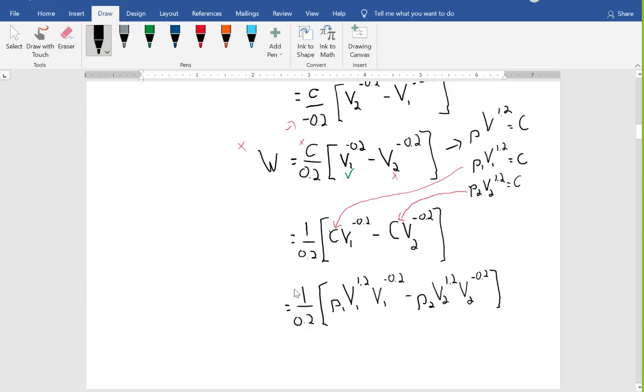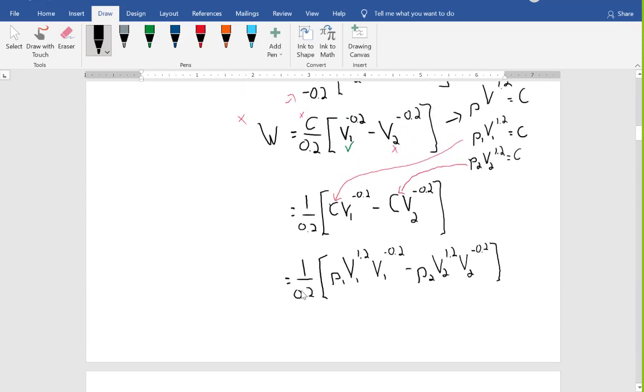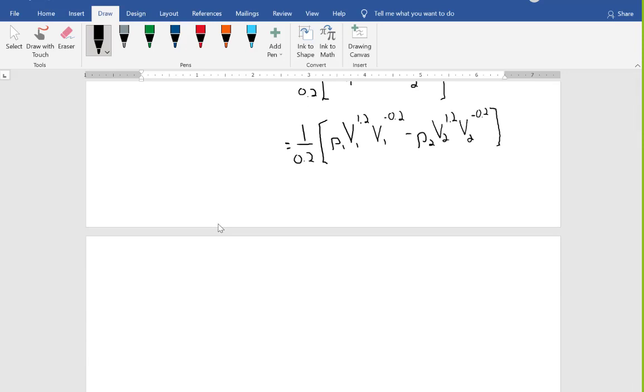Now, we did this in a bit of a convoluted way, but I did this to show you something, because we're going to get a general equation here when n is not equal to 1. So here, we'll find that work is equal to 1 over 0.2 times, when I multiply these, remember I add the exponents together, so this is just going to be P1 V1 minus P2 V2.